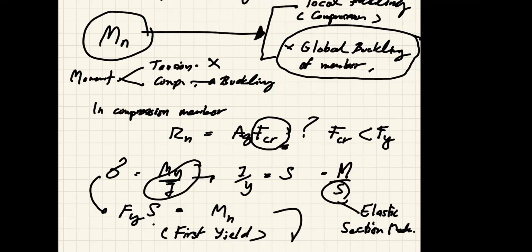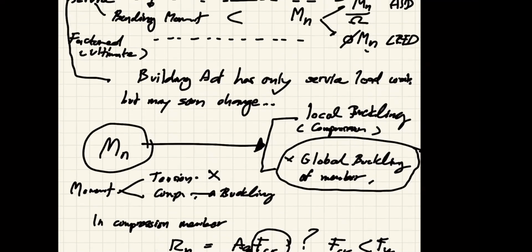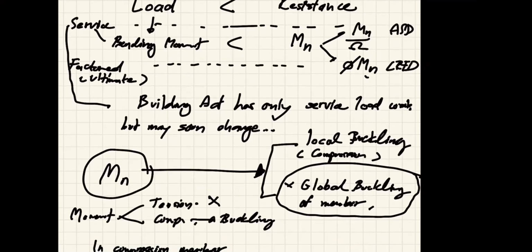This time we need to understand some new behavior before we can move to approximate the flexural strength of your member, okay? So the big picture is that, yes, for beams you still have to consider two things: local buckling and global buckling. But to consider global buckling, we must understand that there is new behavior of the structure under bending to learn, okay?